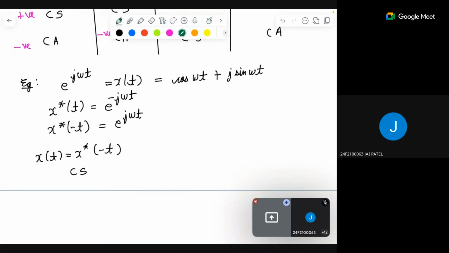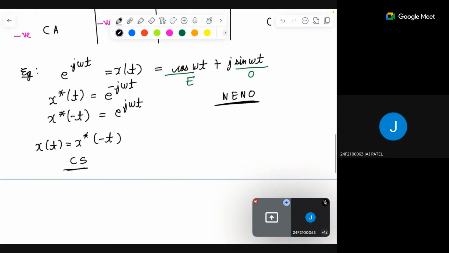Is cos omega t an even signal or an odd signal? Cos is even and sin omega t is odd. So this is even, this is odd. Even plus odd is neither even nor odd. So this Euler signal, e raised to the power of j omega t, is conjugate symmetric and neither even nor odd.